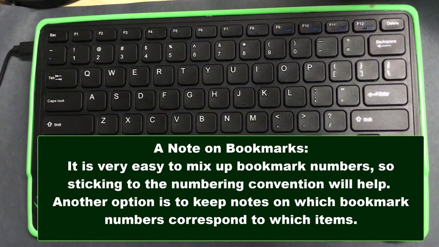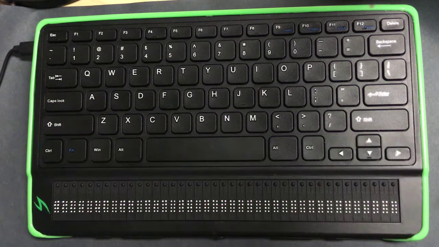Another thing that you could do is that if you have a reason to be deleting and adding bookmarks with different numbers, then you may want to have an editor file that lists what bookmark number is which, if it's a very complicated highlighting and things like that.